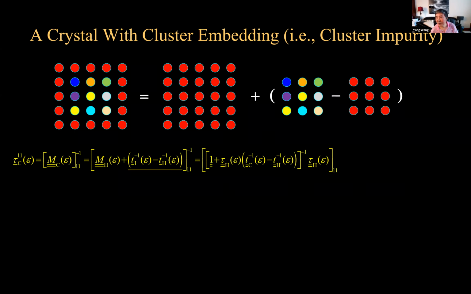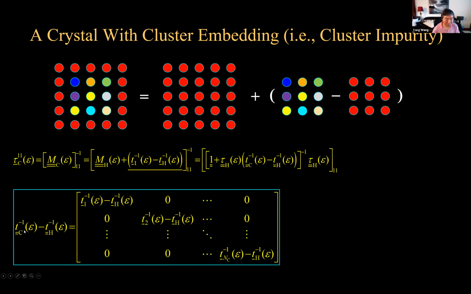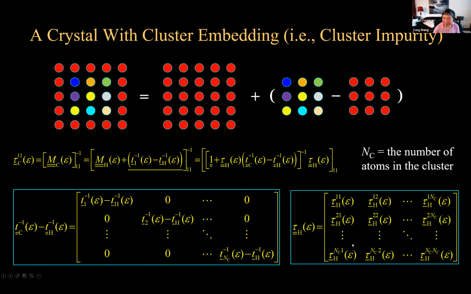So it's the exact same construction, and this is the result. Now this is a big block matrix. The size of the block is the number of atoms in the cluster, where NC is the number of atoms in the cluster, and tau host is this, now a block matrix.